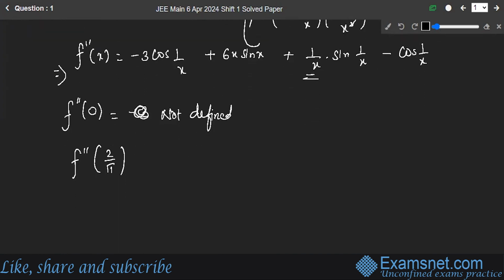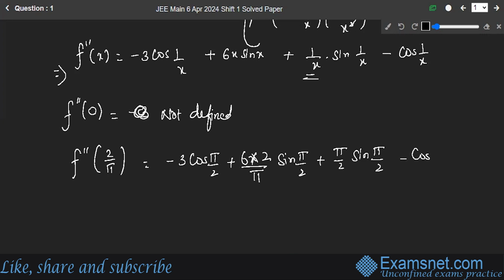Next, you are having f double dash at 2 upon pi. This gives me 3 cos pi by 2 plus 6x into sine pi by 2 plus pi by 2 sine pi by 2 minus cos pi by 2.